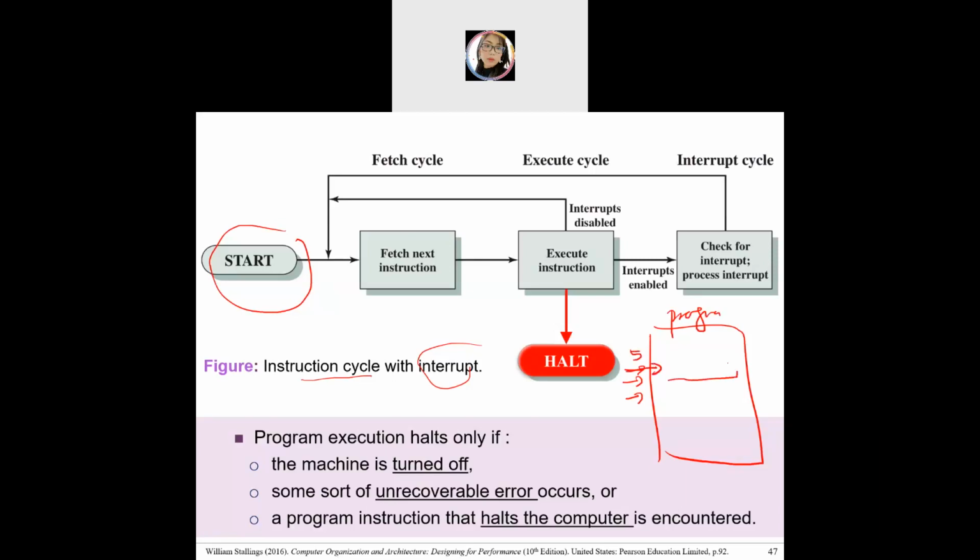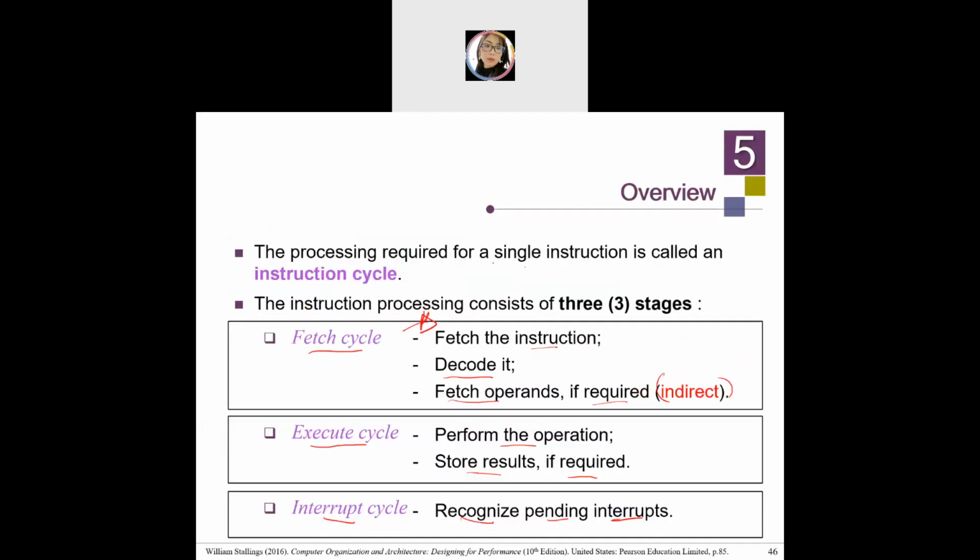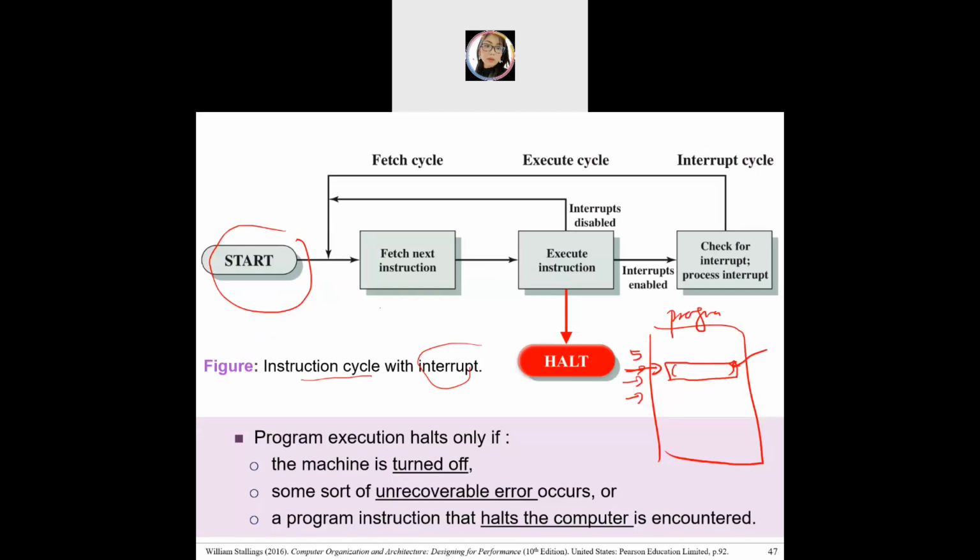So you're going to fetch and solve one single instruction, which is under this cycle. So first of all, you're going to fetch the next instruction. And you try to execute this instruction.